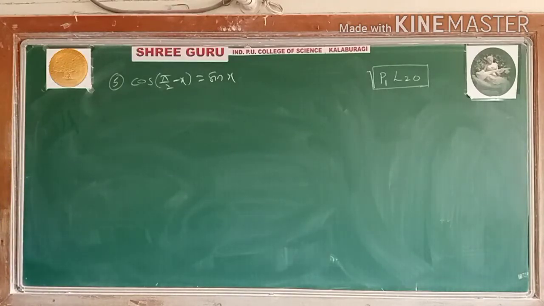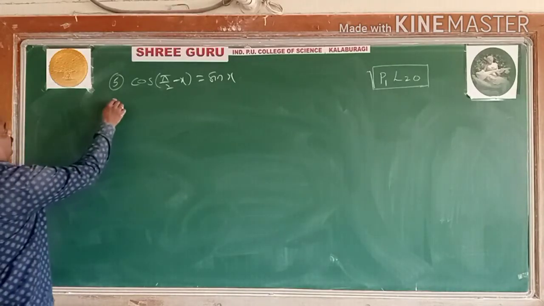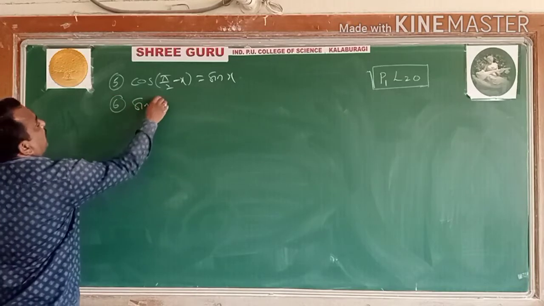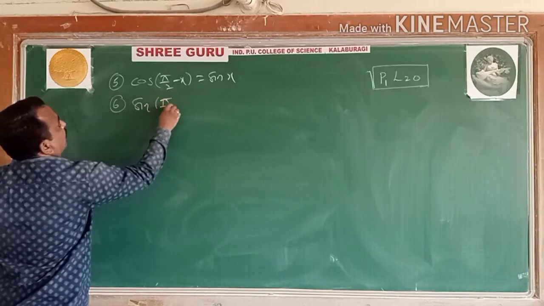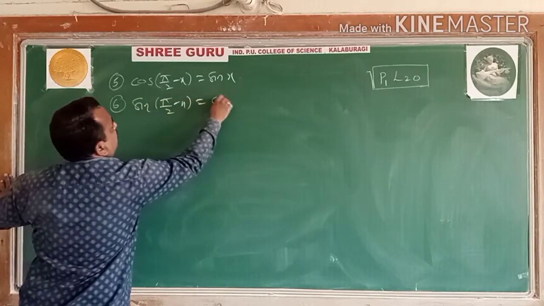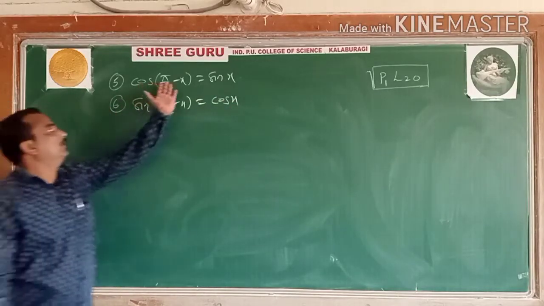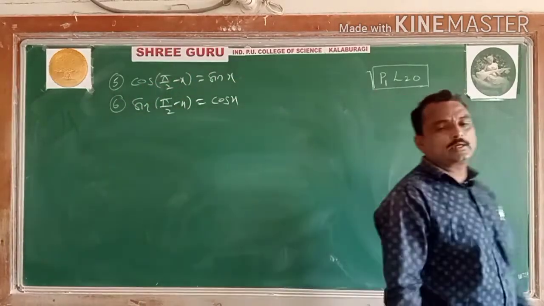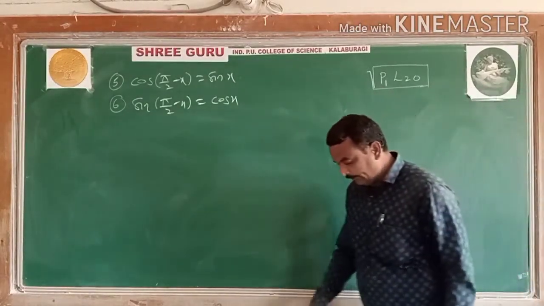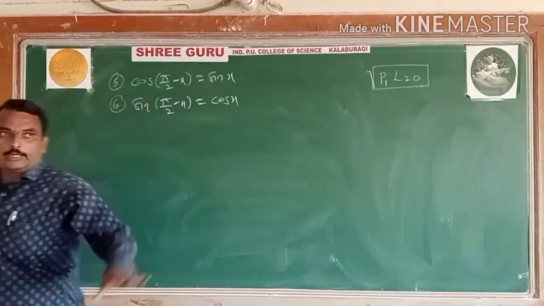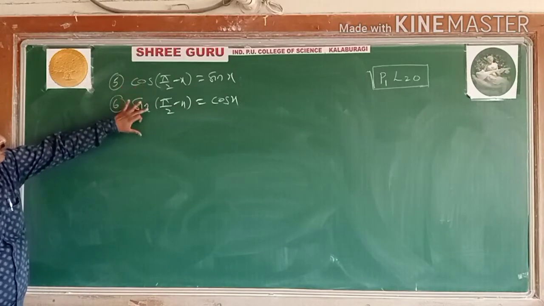You know very well. Then the sixth result: sin of pi by 2 minus x is equal to cos x. You know these two results very well: sin of 90 minus theta is cos theta, cos of 90 minus theta is sin theta. This is the fifth and sixth result here.